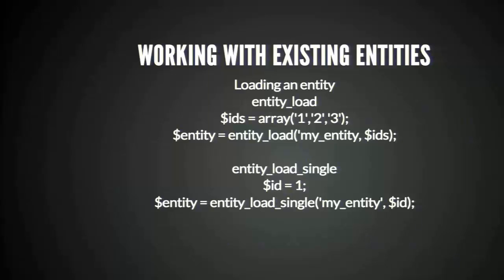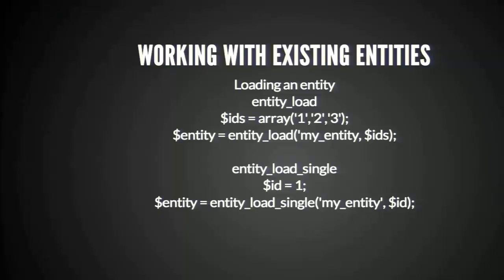Okay, so first we're going to dive into a little bit of code here, working with existing entities. How many people here know what the node_load function is? Everybody loves node_load. Well, the entity API provides a generic way of loading entities called entity_load.